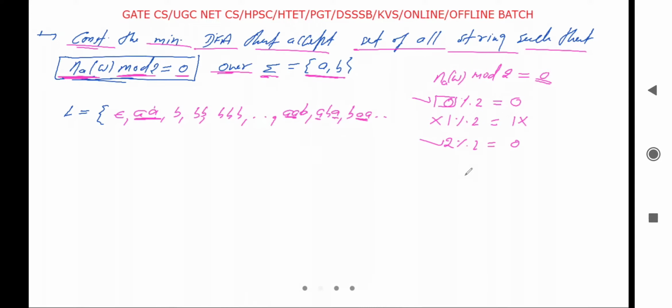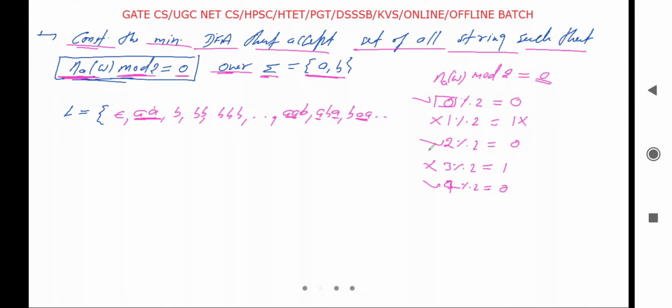Okay, what about next? It is 3 mod 2, which equals 1. It is not possible. Then 4 mod 2 equals 0, so here it is possible. So we'll take the 4 length string, meaning we'll take 4 number of a.